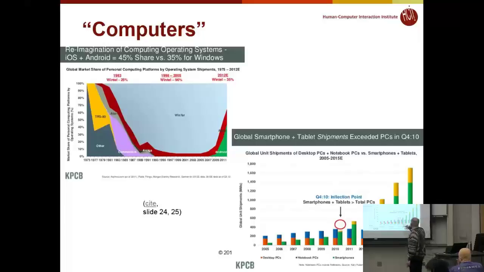Another way of looking at it is the percent of PC kinds of devices, which includes Apple's Macintosh laptops and desktop machines. In 2010 was when smartphones and tablets passed the Windows and Mac notebooks and PCs in terms of percent.